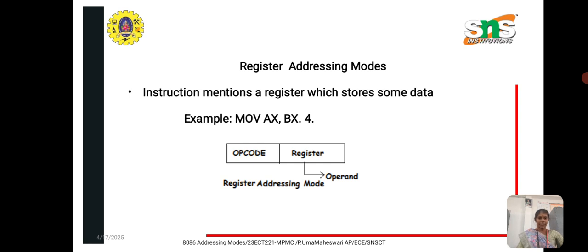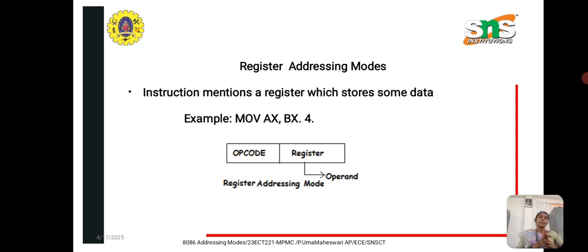Instead of referring to memory, the instruction points directly to the register which holds the operand. Why is it used? Why can't we go for memory instead? Register addressing is much faster because the operand is readily available within the CPU, so it is often used for frequent data manipulations and operations within the CPU itself.